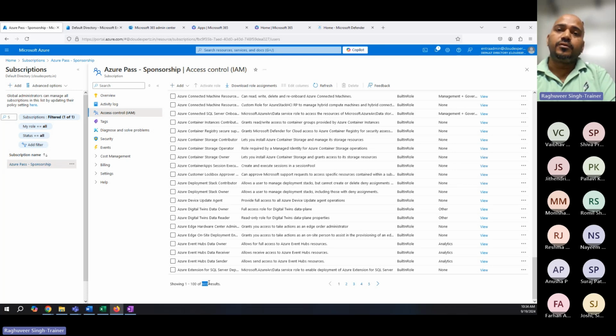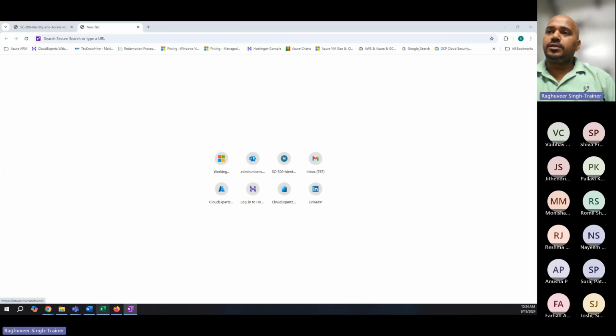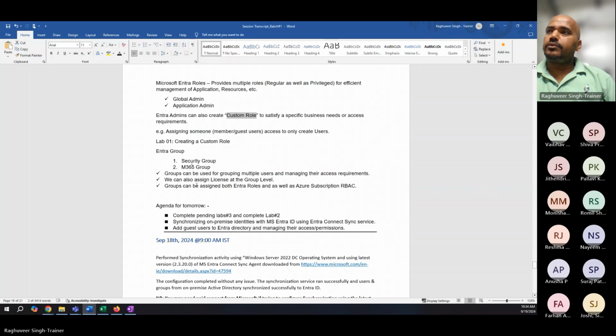Configuration changes can be reverted, but once a service is deleted, you will not be able to get it back, because not all services support backup. A virtual network doesn't have any backup; once deleted, it is deleted forever. Storage accounts and compute have backup, but other services don't support backup. So that's why we do it. That's all about custom roles that you should be aware of.